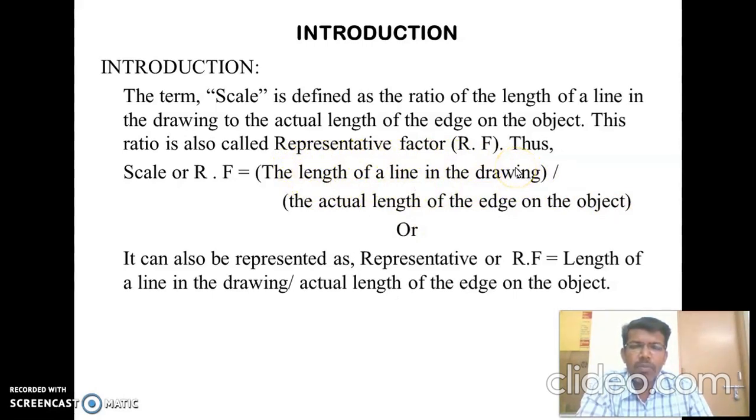That is, you are representing a 10 centimeter line as 1 kilometer in the drawing. That is the representative factor, or RF. So RF is the length of a line in the drawing by the actual length of the edge of the object.